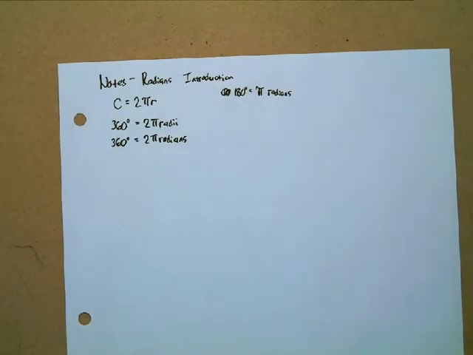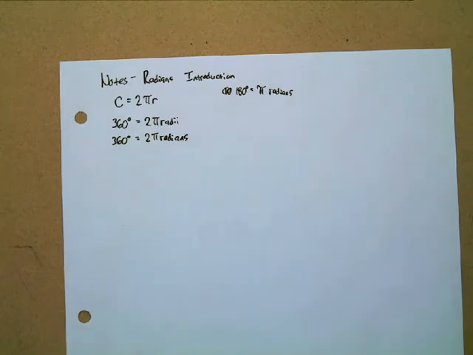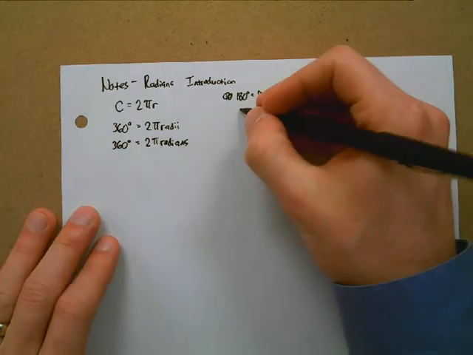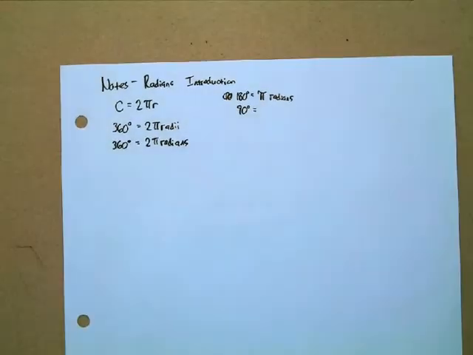And so we can say further that 90 degrees would be what? What radian measure would that have to be? Pi halves, or 1/2 pi, or pi over 2, whatever you want to say.